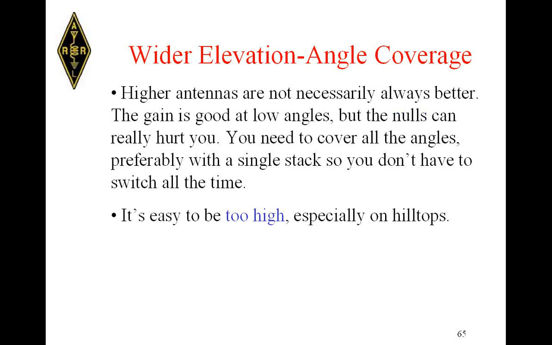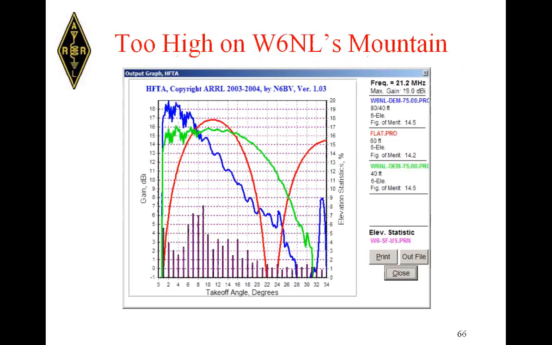All right, and as I pointed out, it's easy to be too high, especially on hilltops. Let me illustrate that using W6NL's example again. This is for 15 meters, where he's got a 6-element Yagi. I think his 6-element Yagi is 40 feet high, if I recall correctly. That's the green one right over here.